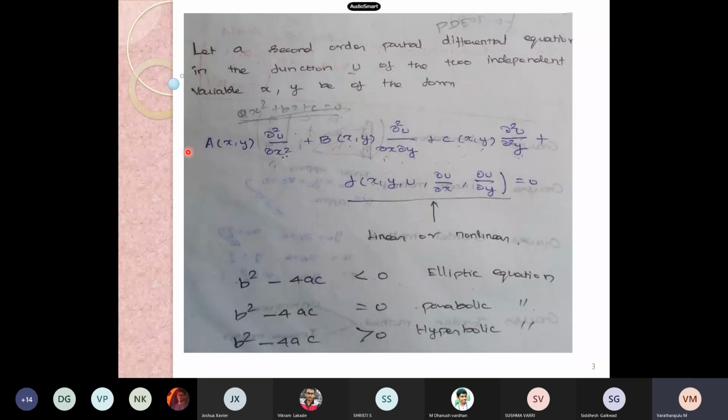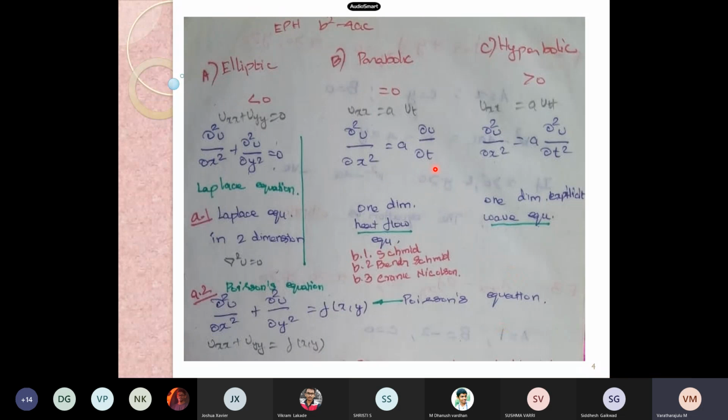So there won't be any influence of a here. Minus 4 into 1 into 0 becomes 0. So this type of equation is categorized as a parabolic equation. That is, uxx is equal to a into ut is a parabolic equation, under which we are going to deal with the one-dimensional heat flow equation, whether it might be the Schmidt scheme, Bender-Schmidt scheme, or Crank-Nicolson. These are the problems we are going to deal with.